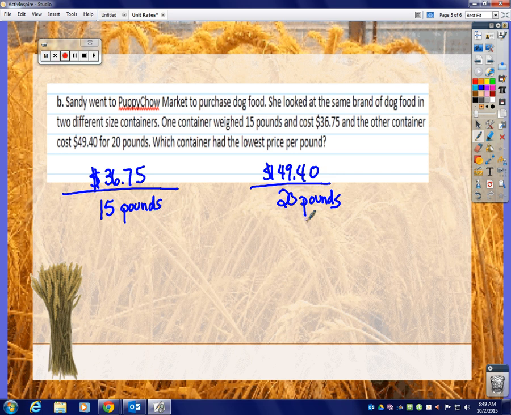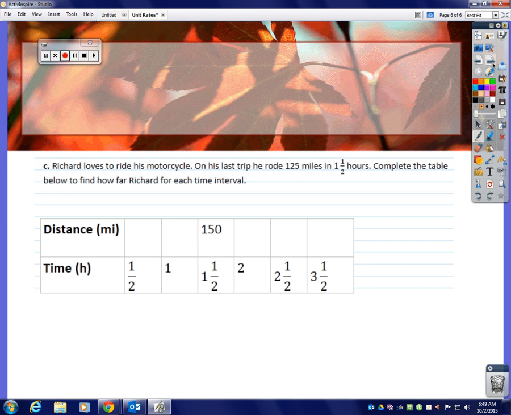Okay, the last one you're going to do for homework is C. And so with C, you want to set this up in a table. And you have 150 miles in 1.5 hours, and you want to complete the table. So what you can do is find the unit rate of miles per hour.